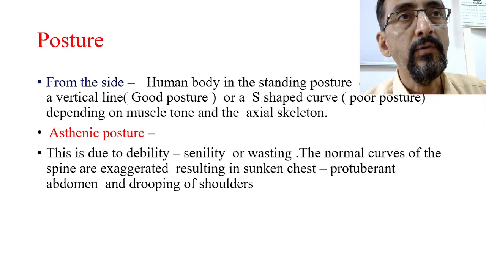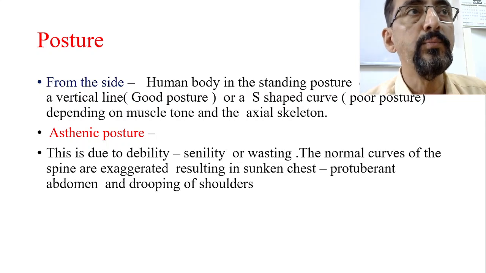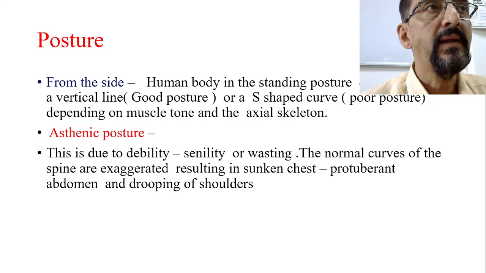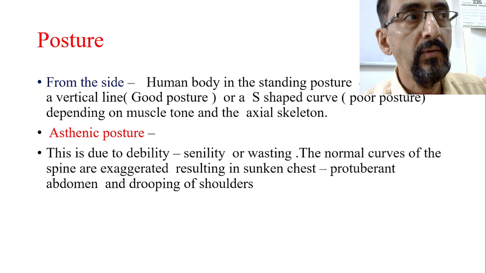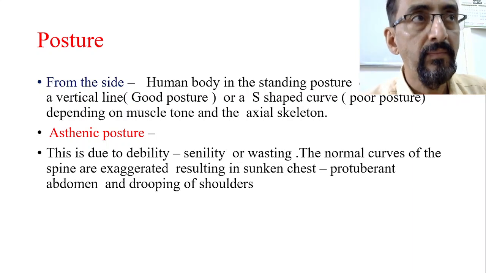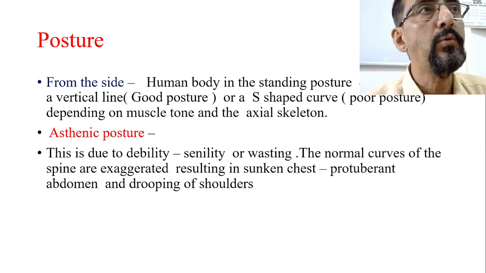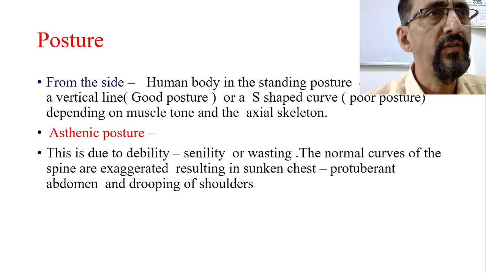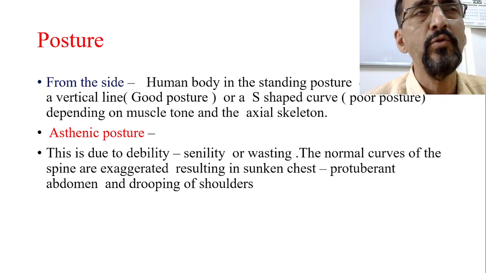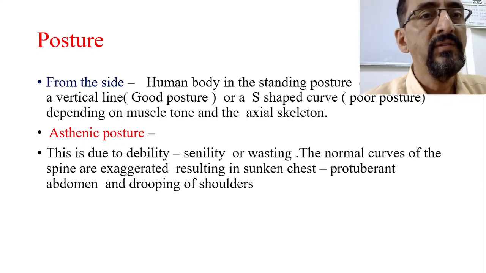If that vertical line is visible, that means it's a good posture. And sometimes when you are viewing from the side, you get an S-shaped curve. If there's an S-shaped curve, that means the posture is very poor. As in kyphosis, scoliosis, and lordosis, so many conditions are there. So this is one thing.